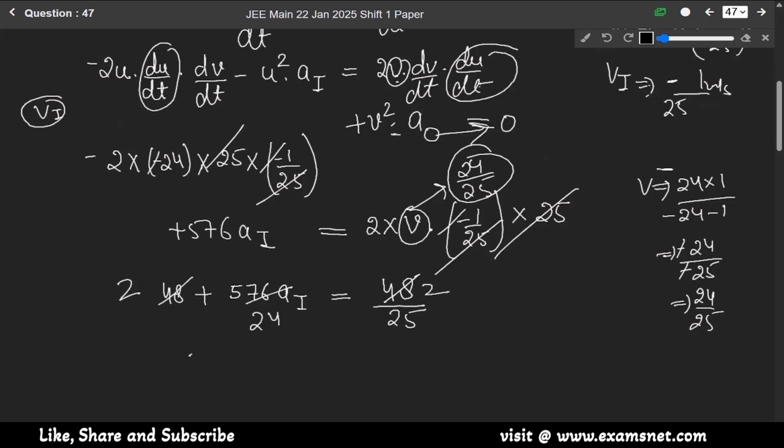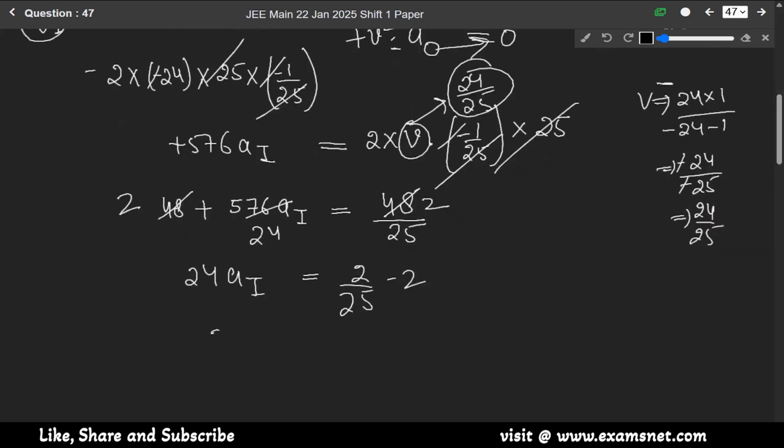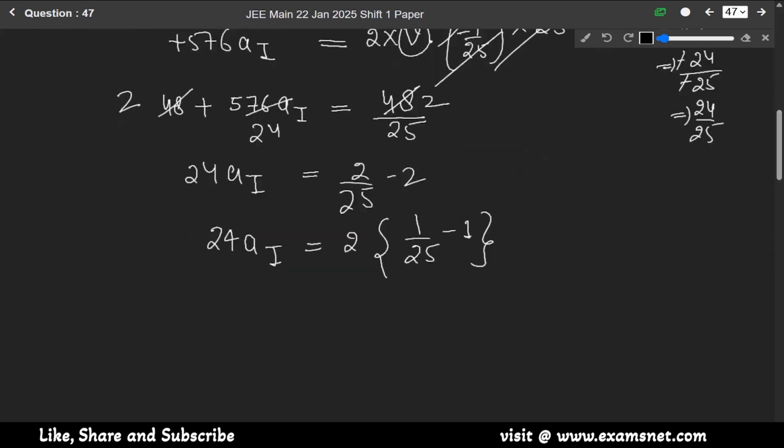So it will be 24 ai will be equals to 2 over 25 minus of 2. So 24 ai will be equals to, taking 2 common, 1 over 25 minus of 1. So it will be equals to 24 ai. It will be 2 minus of 24 over 25. 24 cancel.